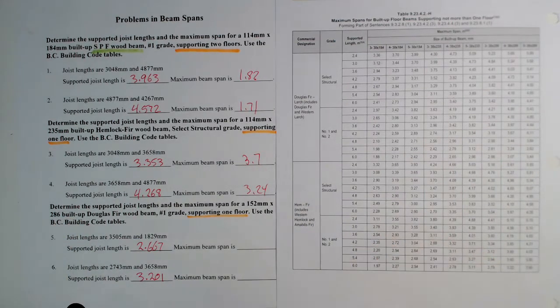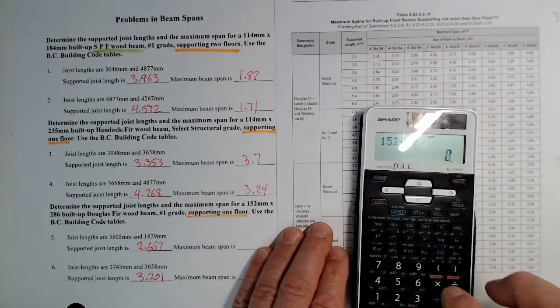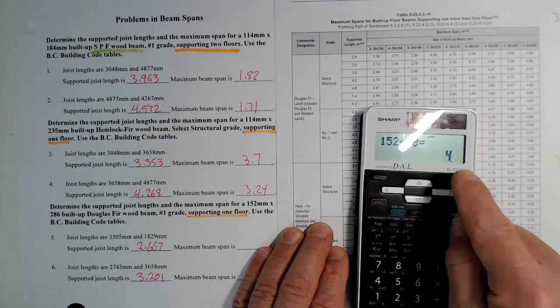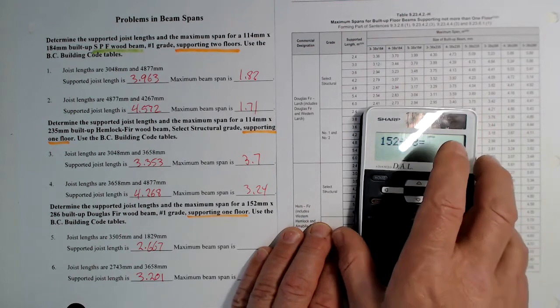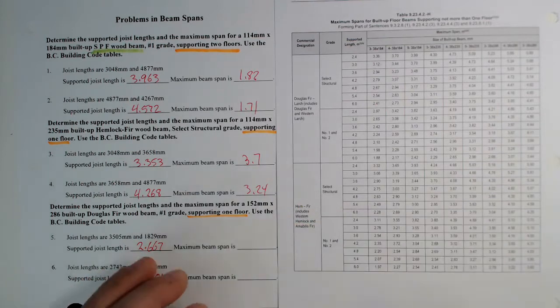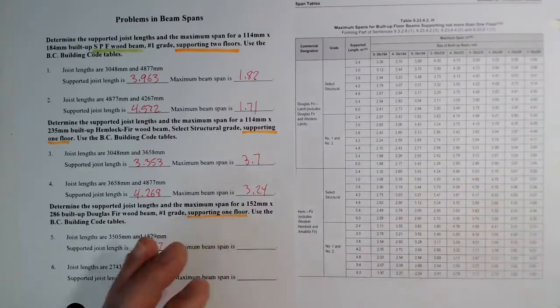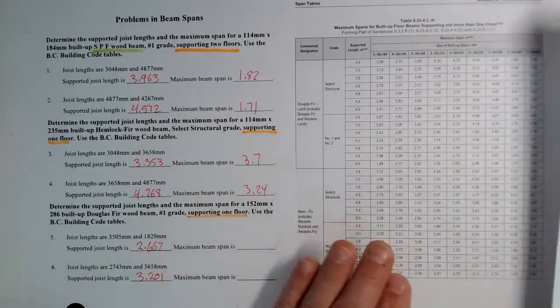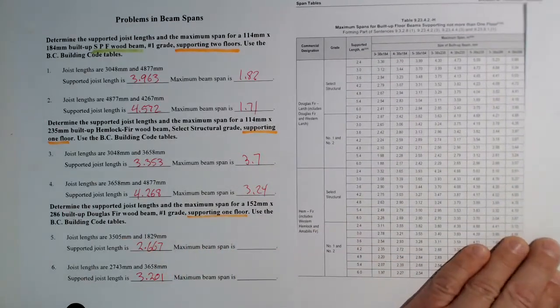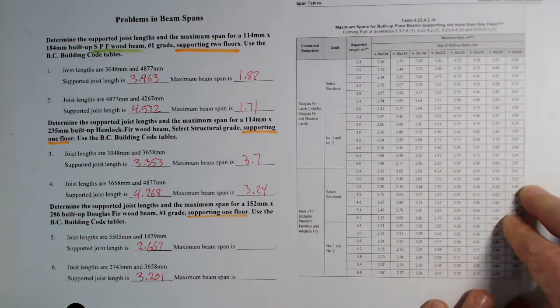So let's take our 152 and divide by 38 to see how many plies. That is a 4-ply 38 by 286. It's way down at the other end there, so I'll try to get a bit more room. So 4-ply 38 by 286. That is our last column right here.